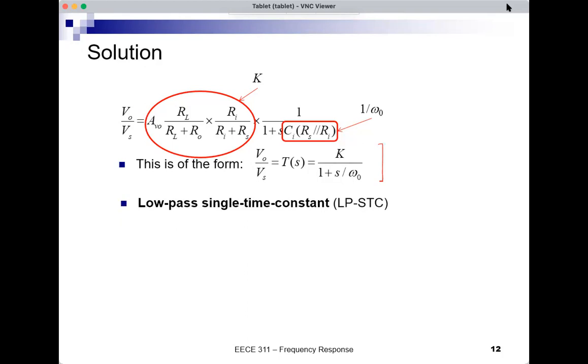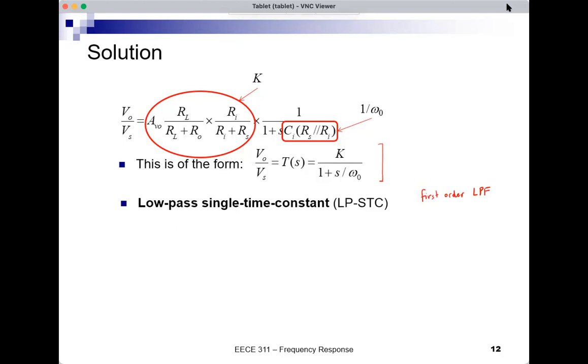Another term for this is first order low pass filter. If you try to have the simplest form, the first order, simplest form for a low pass filter, what would be its transfer function? It will be something like K over 1 plus s over omega 0. So this is the simplest form of a low pass filter.